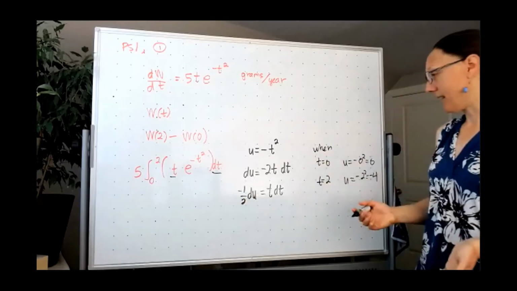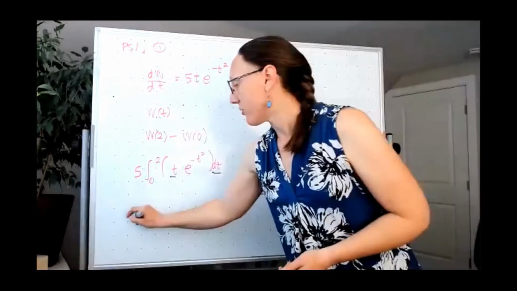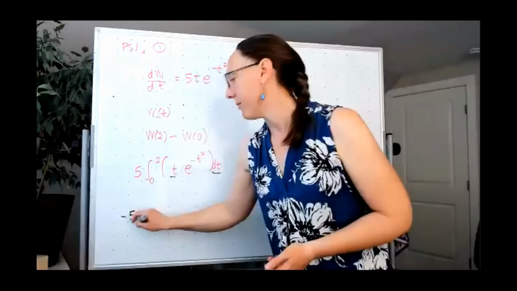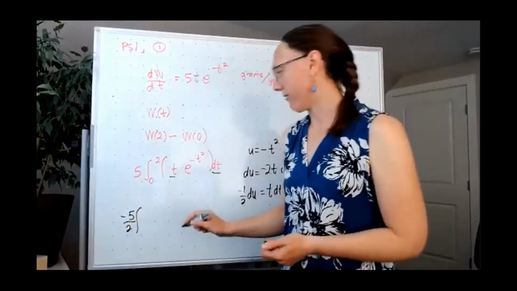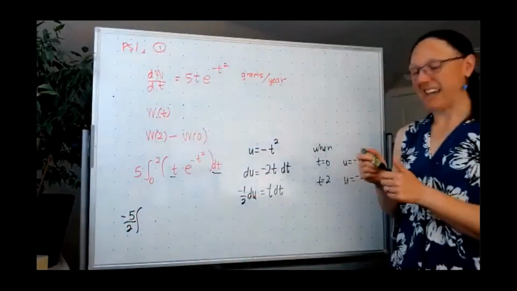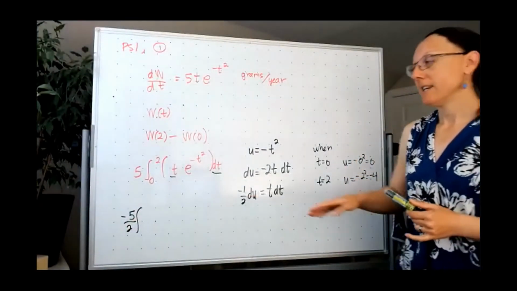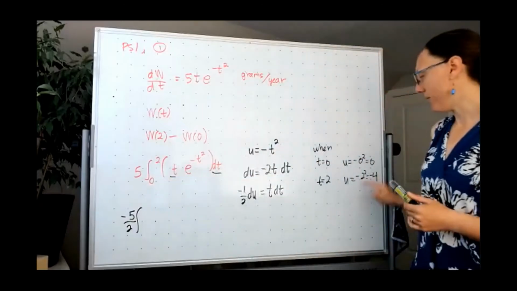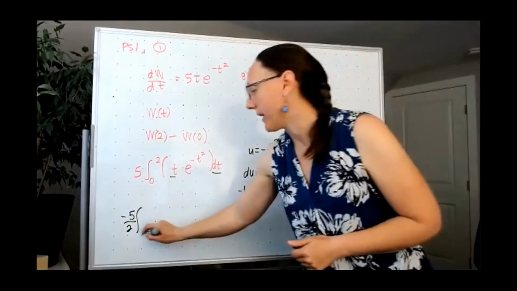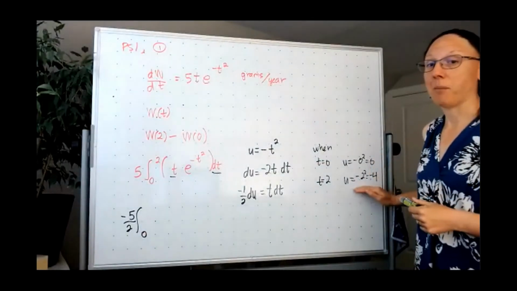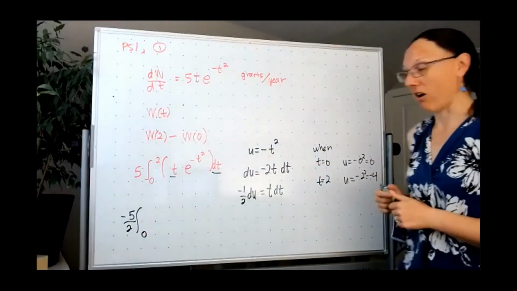That means that when I write this and I translate it, I'd have the 5, I'd have the negative 1/2, so I'll put all of that in front. My bounds, and this one's a little bit tricky, but I need to keep the bounds in the same place. Since t equals 0 was on the bottom, I'm going to keep 0 on the bottom here for the u. Because t equals 2 is on the top, I'm going to have u equals negative 4 on the top.